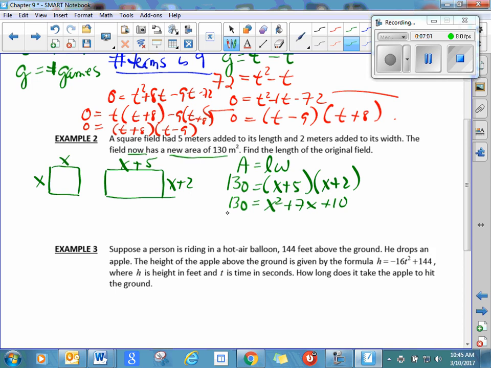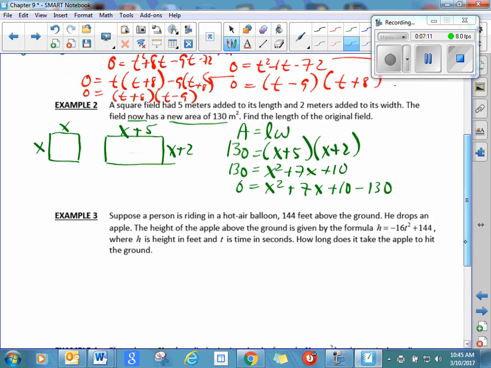We need this to be in standard form, so we're going to have to subtract 130 from both sides. And we need to combine our like terms. So our ultimate arithmetic process is going to end us with x squared plus 7x minus 120 equals 0.